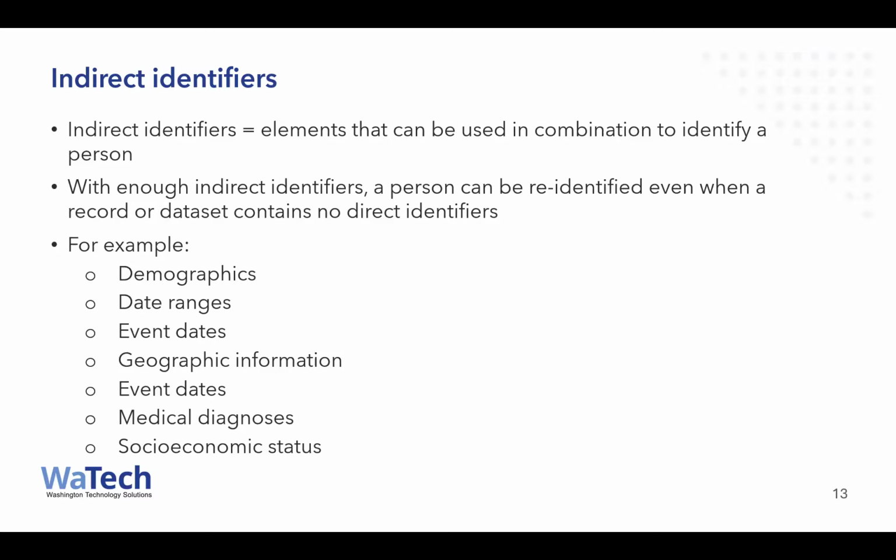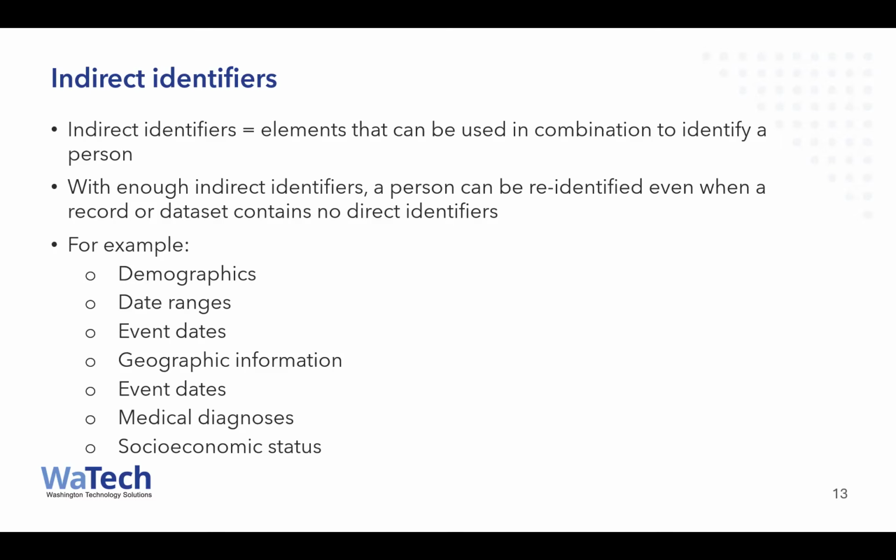So examples of this are things like demographics, so things like gender and race and ethnicity. We have geographic information, so this could be things like a more general location than a street address, but things like a zip code or a city. We have date ranges, which could be things like the date of birth or a date of death, or a date of a particular receipt or a particular service.